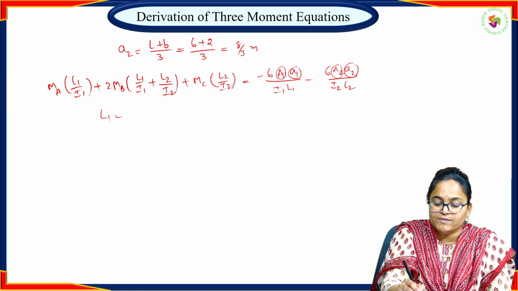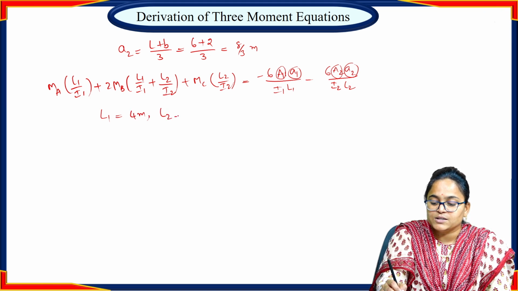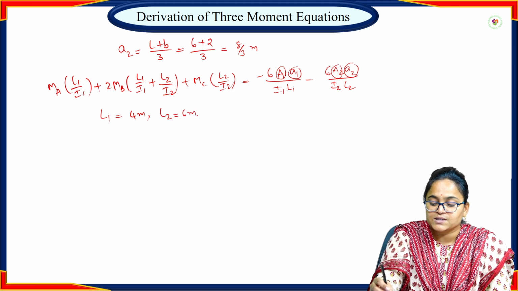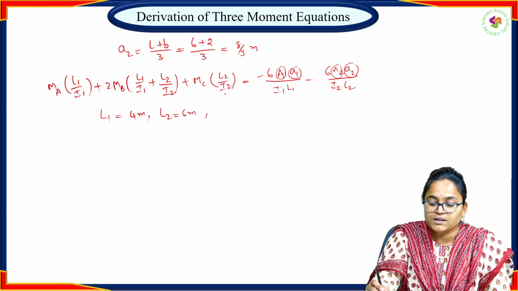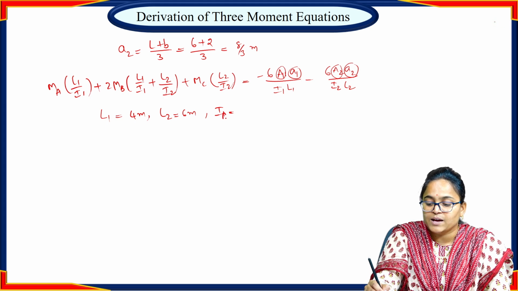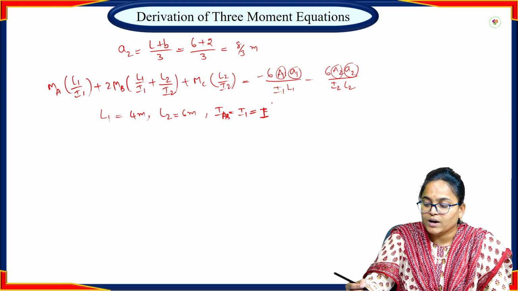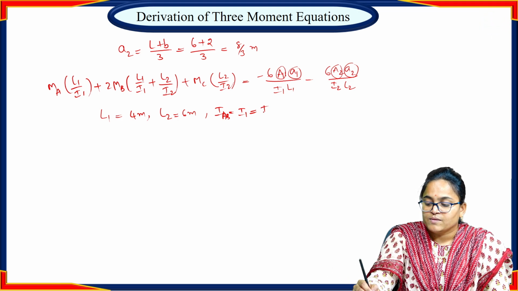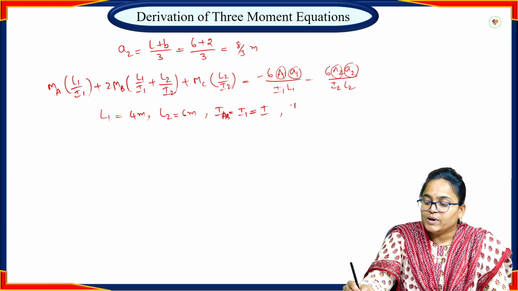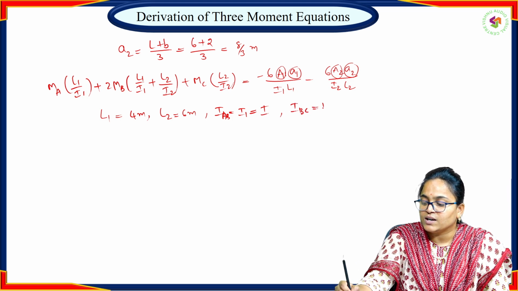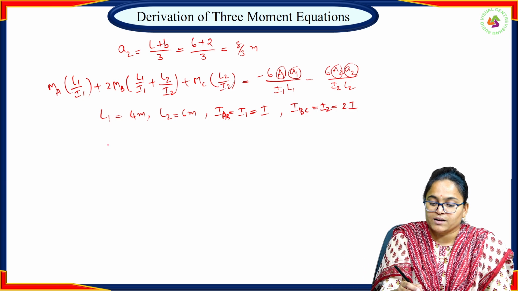We know L1, the span of AB, that is 4 meters, and L2, the span of BC, that is 6 meters. Also in the question it is given that the moment of inertia of AB span, I1, is equal to I. Now the moment of inertia of BC, that is I2, we are assuming as 2 times I for BC span.